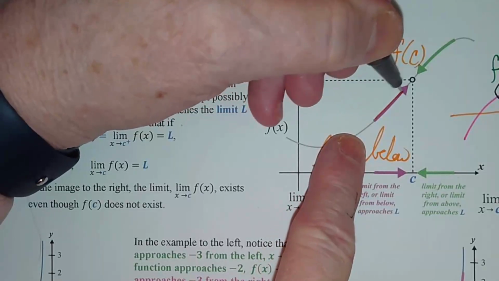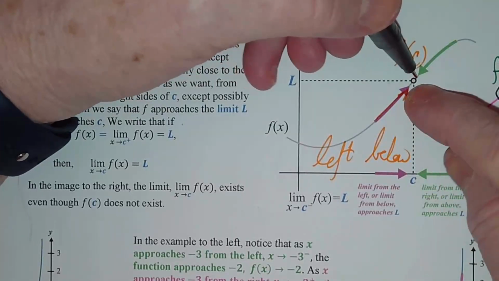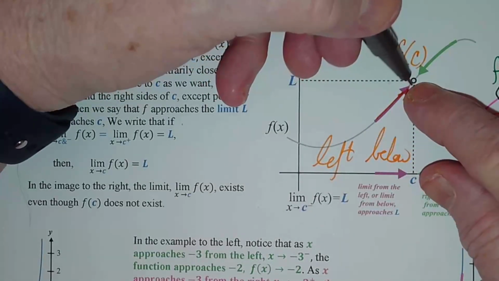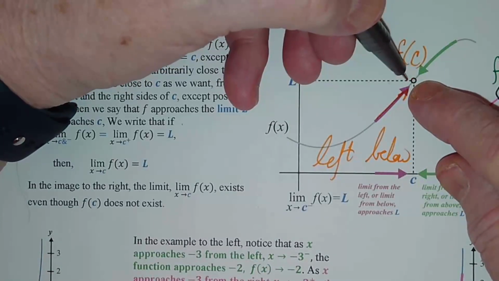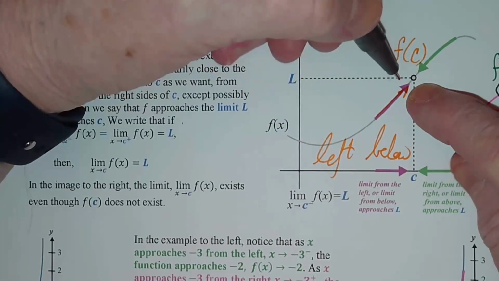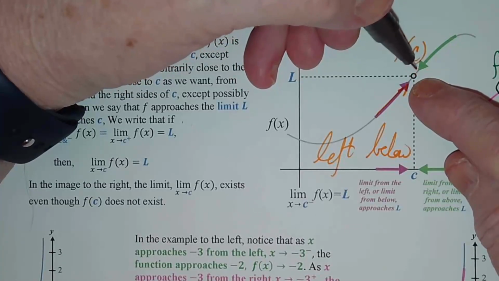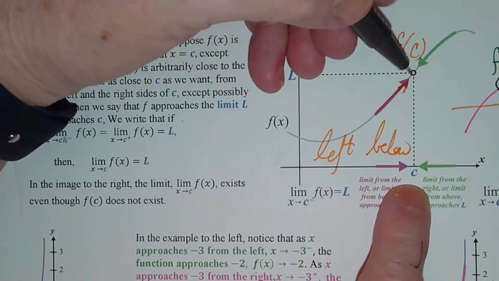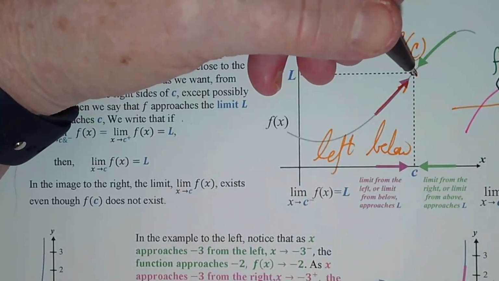So we're on this purple arrow. You can see that even though f of c is not defined because there's a circle with nothing filled in, I can still get as close as I want. If this value was 5, say, I can go to 4.9999999, etc.